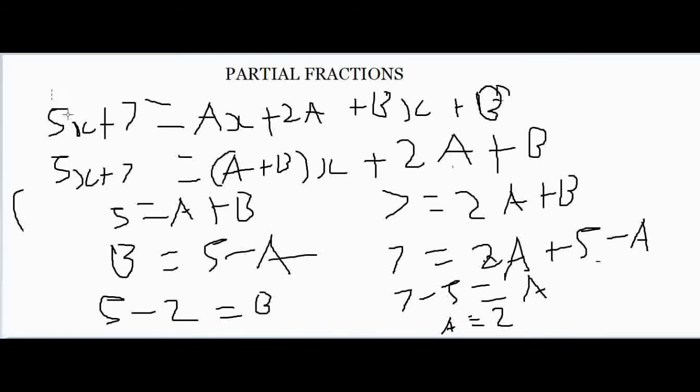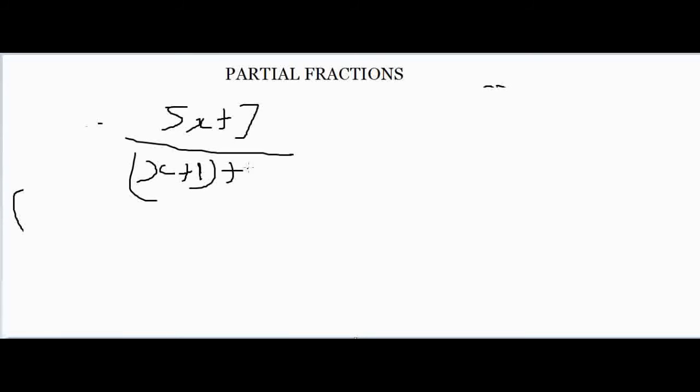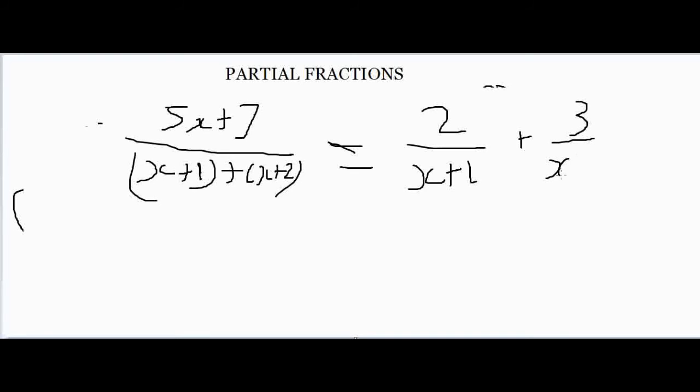Now that we know that A is 2 and B is 3, we're going to rewrite what we had before. 5x plus 7 over (x plus 1) into (x plus 2) is now equal to 2 over x plus 1 plus 3 over x plus 2.